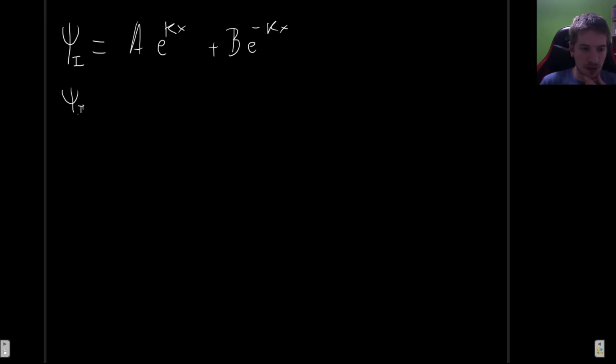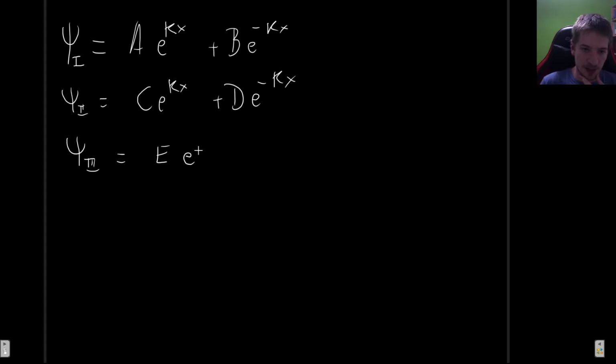For region number 2, it's going to be C e to the kx plus D e to the minus kx. And in region 3, this is going to be E e to the kx plus F e to the minus kx. But as I said, in all regions, we'll have the same form. It's the same solution, but with different constants.